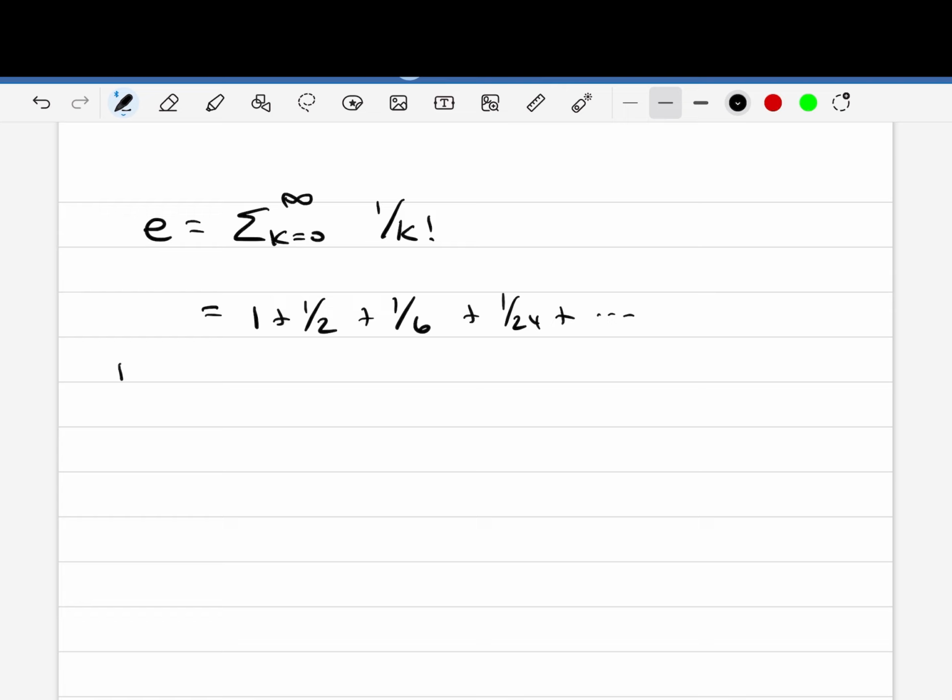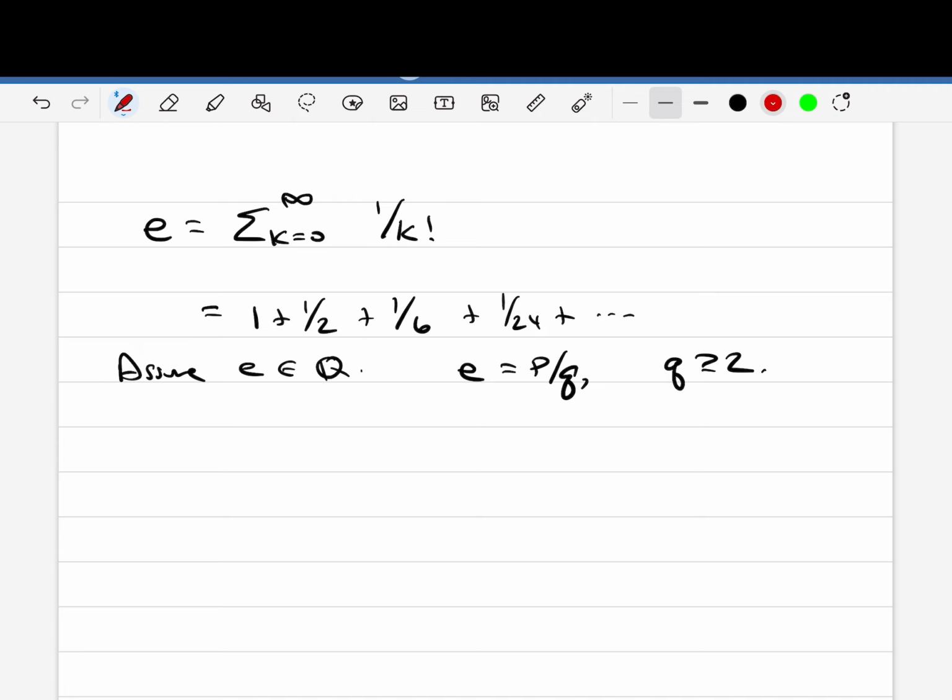So now we're going to assume e is rational. And what that means is that e is equal to p over q, where p and q are integers, and q is greater than or equal to 2, because e is not an integer itself.